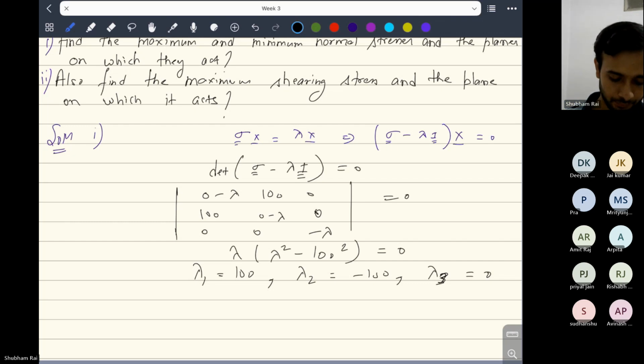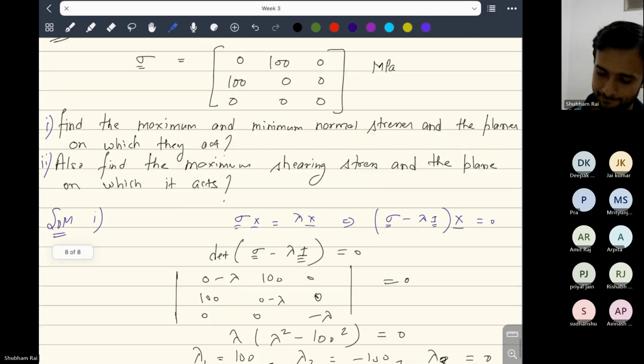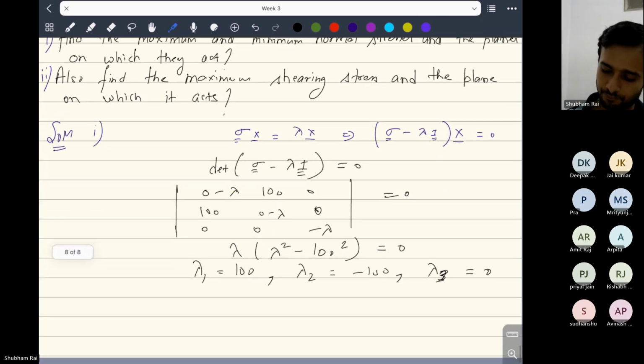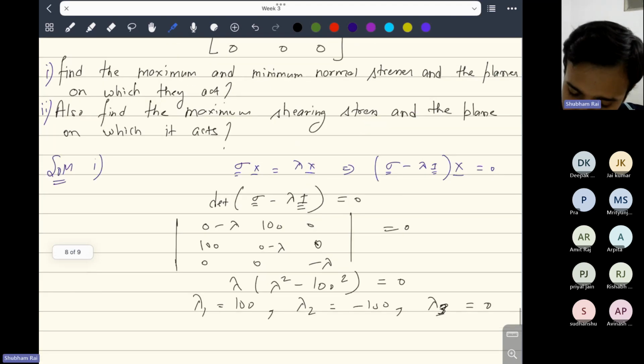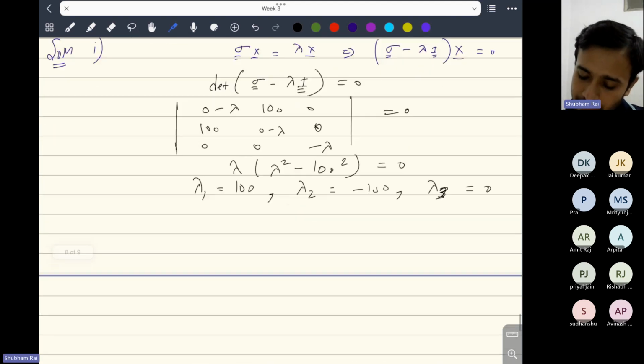So we have three solutions. We have to find the maximum and minimum normal stresses. Obviously, the maximum principal stress will be this, and the minimum principal stress will be this.